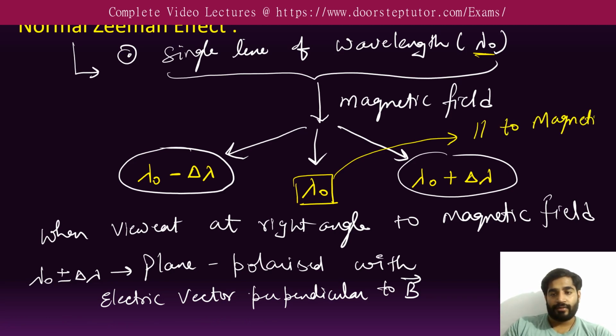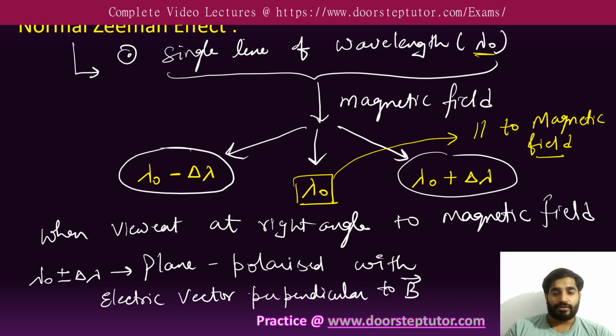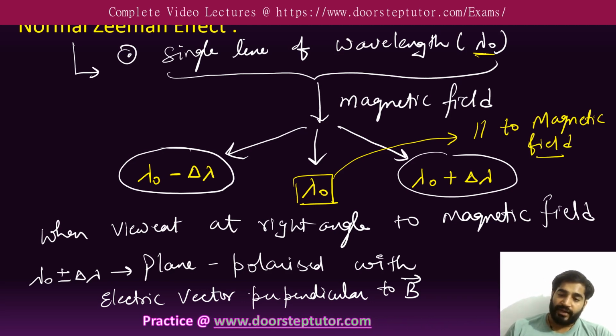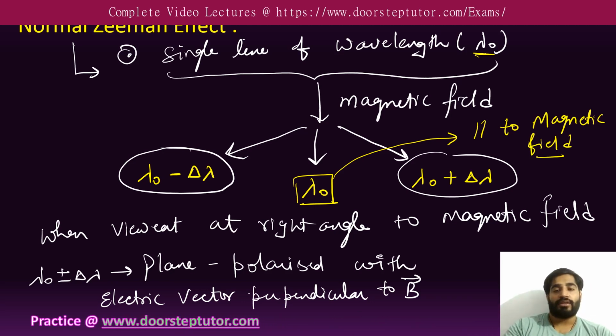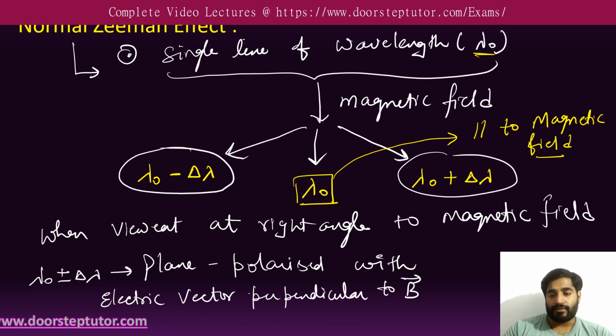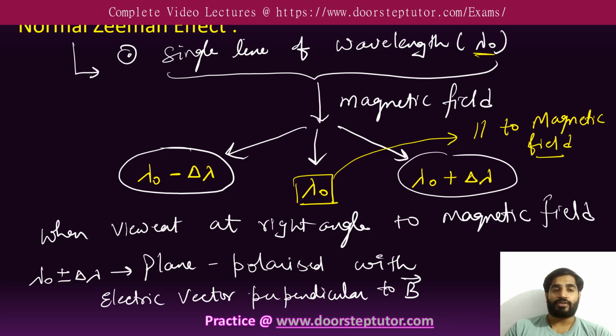So the difference between these three lines is that two are perpendicular to the magnetic field, and the central one, the original wavelength produced by the source, is parallel to the magnetic field B. This is what we sometimes call the normal triplet.